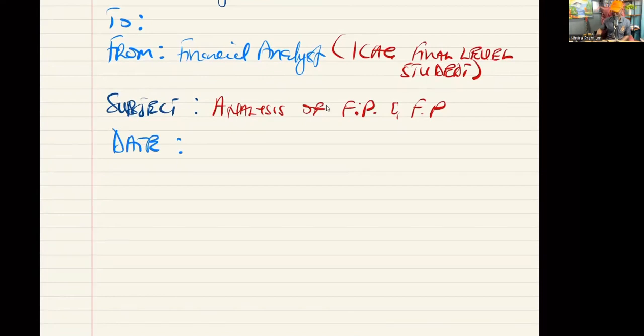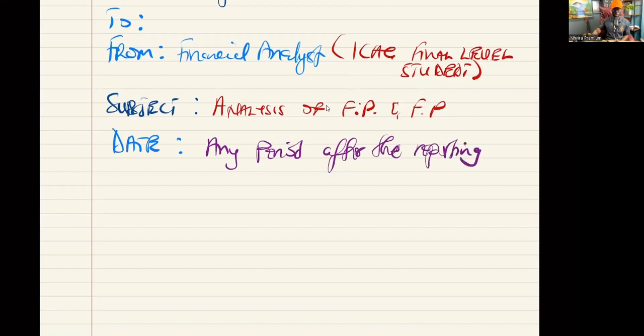If there is no date, it will be prudent for you to use any period after the reporting date. Remember, professionalism is important. The examiner is going to mark all these.